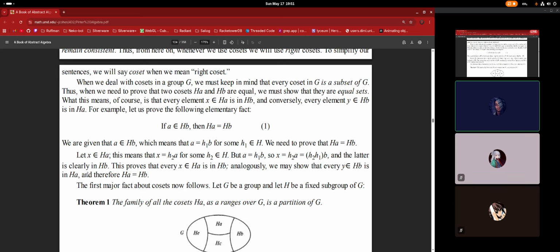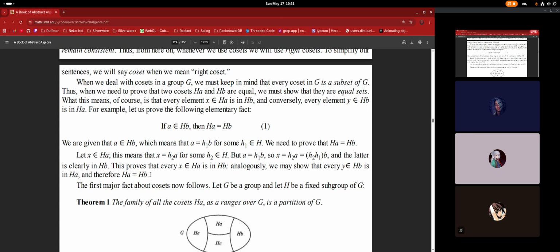And that is a question. No, this is not a question that I have. We know that this is in H because of the definition of the subgroup, right? That's why. Yes, but also in part because of the definition of the subgroup.